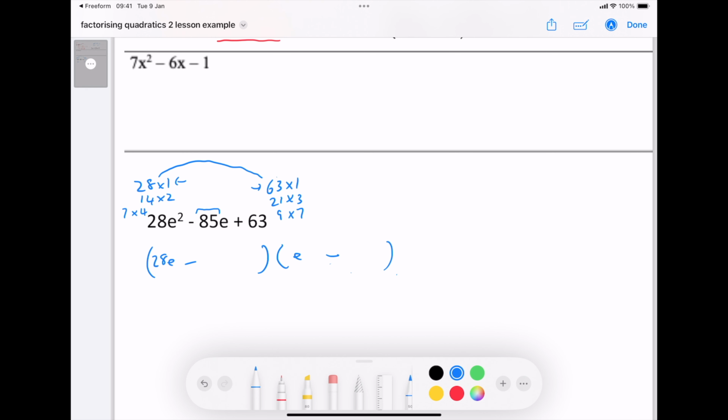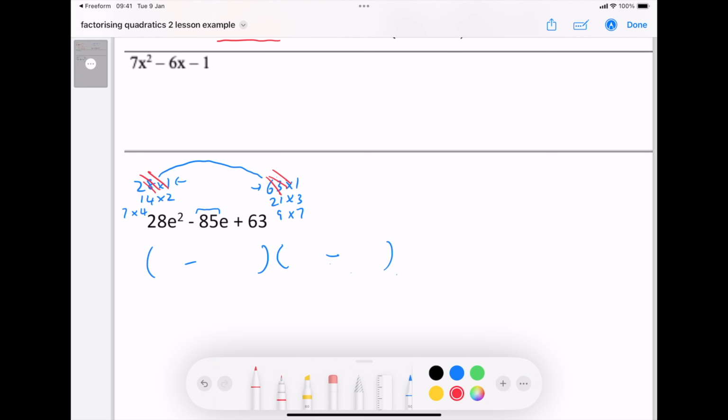So that is just simply not going to work. And if we had the number the other way around, 1 times 63, we'd end up with 28 times 1, and then add in 63 for the remainder of the multiplication, which is not going to come to 85. So we can rule out the first set.